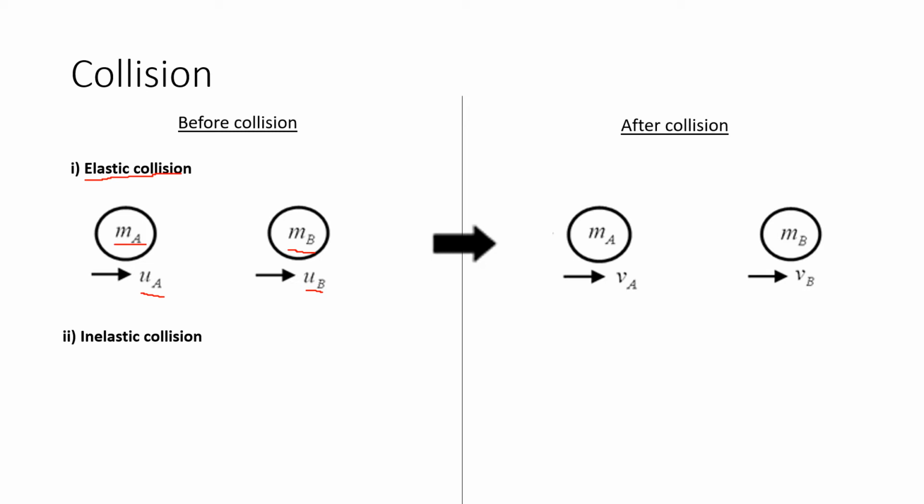Their masses remain the same, but their velocities now are the final velocity of A and the final velocity of object B.